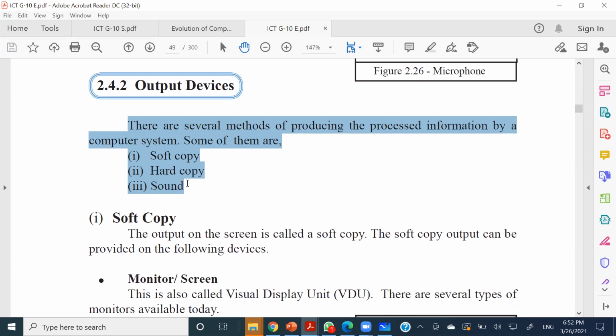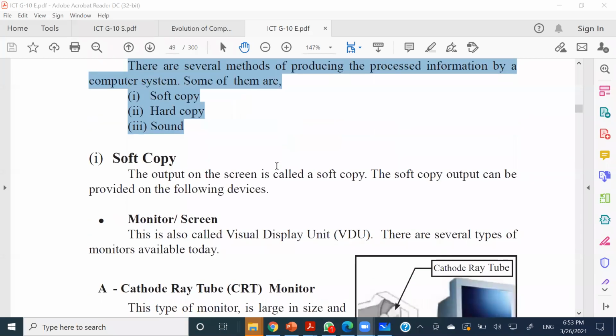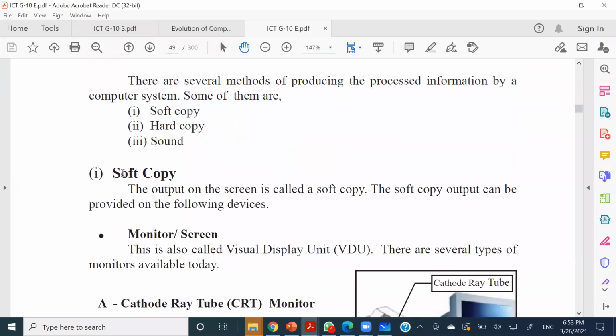Let me know when you are done, people. Right, if you are done with it, you can have the first subheading, soft copy, right?